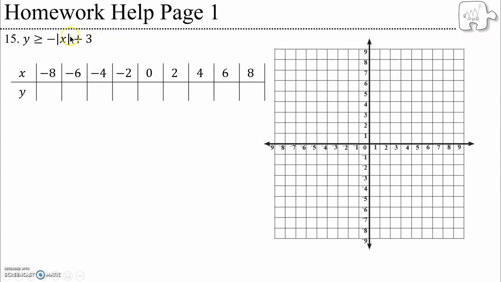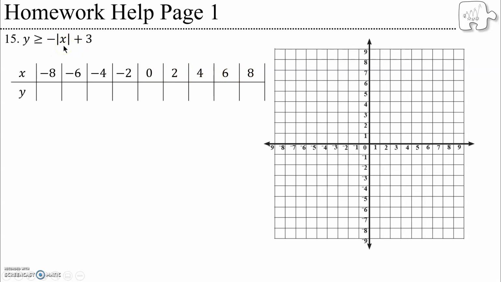Since the absolute value is always positive, the negative should be thought of as the opposite of it. The opposite of the absolute value will always be negative, right? So it's like we're adding 3 to -8, -6, -4, -2, 0, -2, -4, -6, -8.